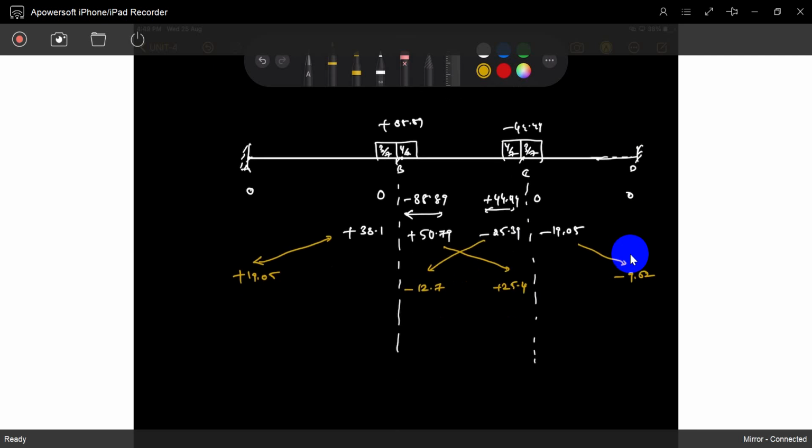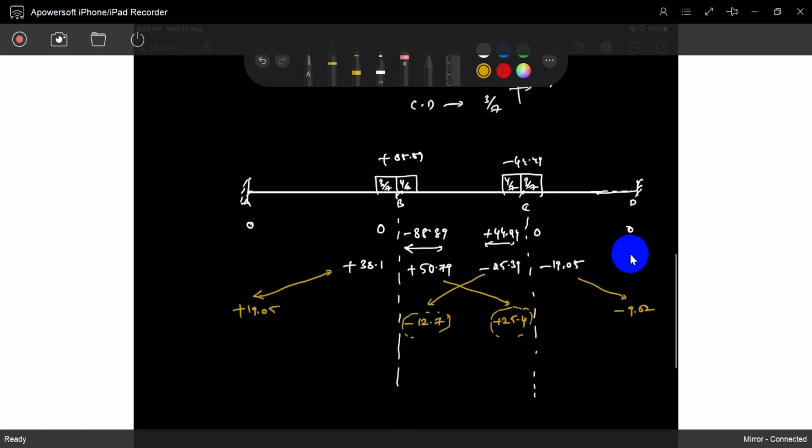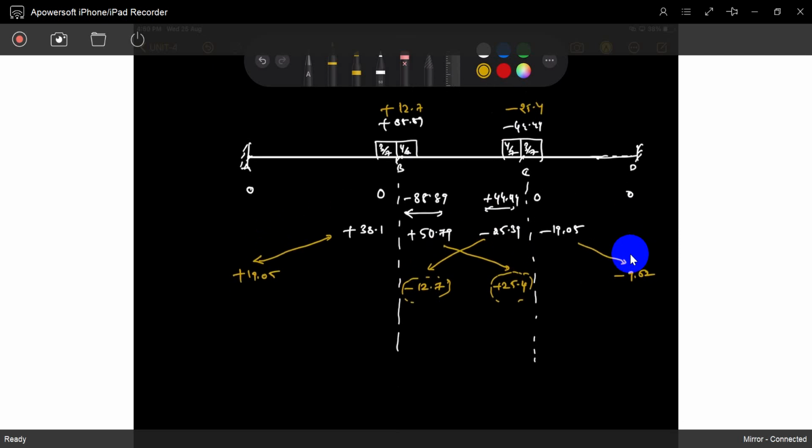Now again see, this is an unbalanced moment at joint B, this is an unbalanced moment at joint C, so we have to settle again. So again you have to apply plus 12.7, here you have to apply minus 25.4. Previously it was settled, but again we get it from carryover moments. Now start it.